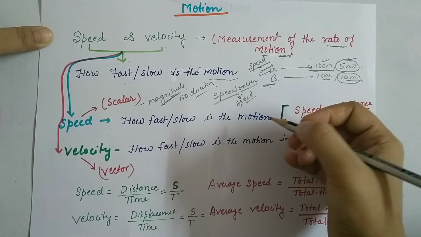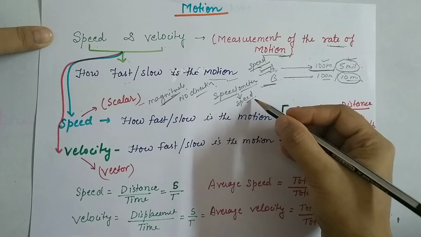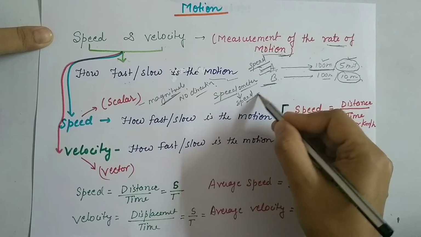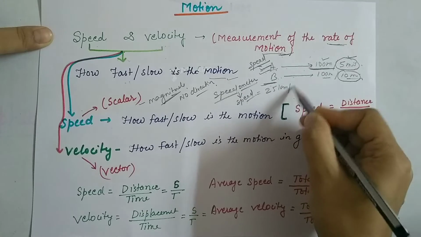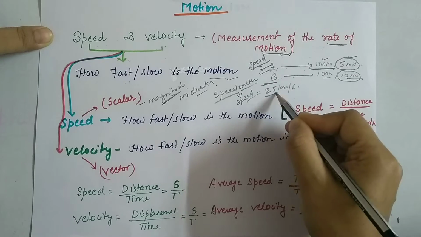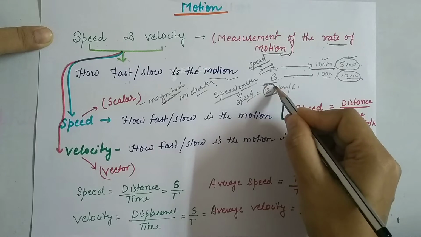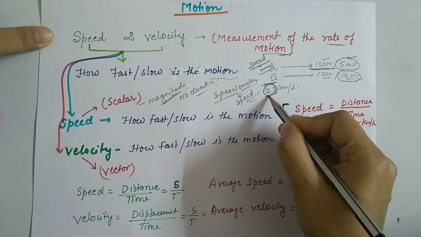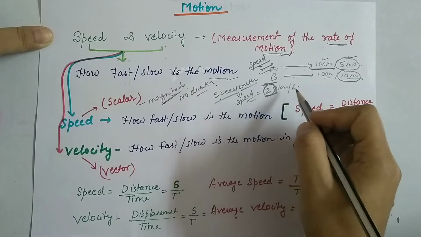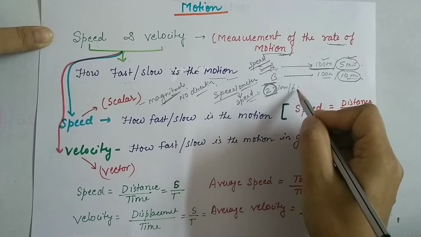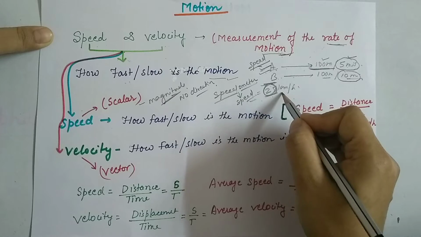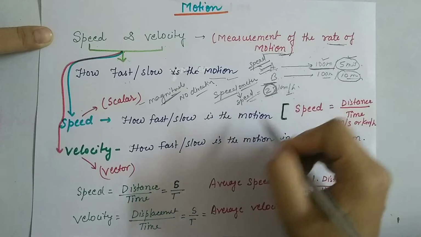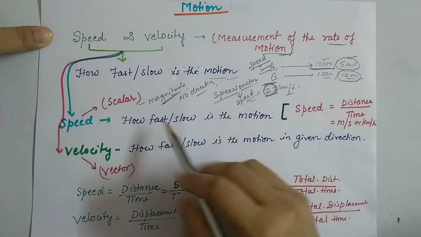If the speed of the vehicle is 25 kilometers per hour, it shows only the magnitude: the car is moving 25 kilometers in 1 hour. That is the speed.